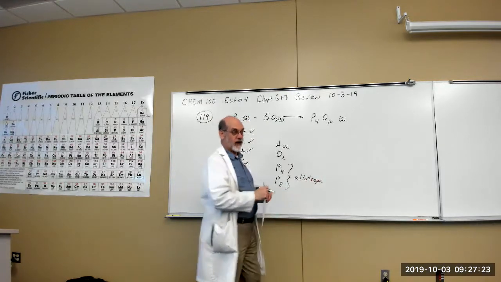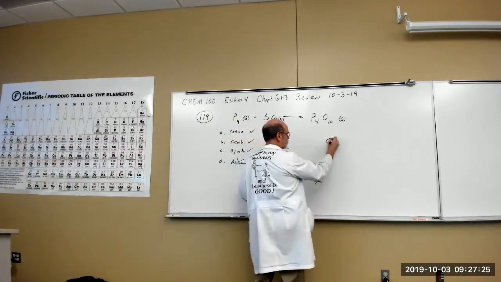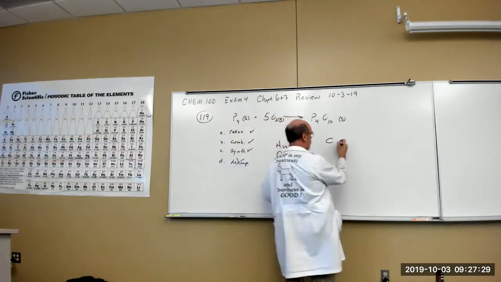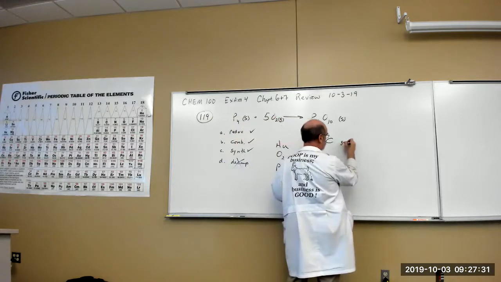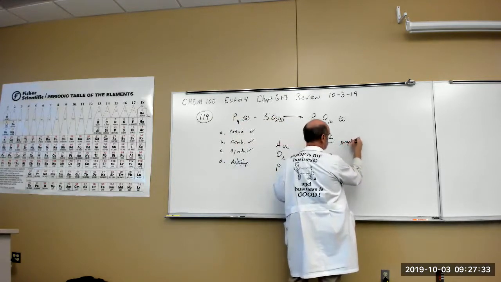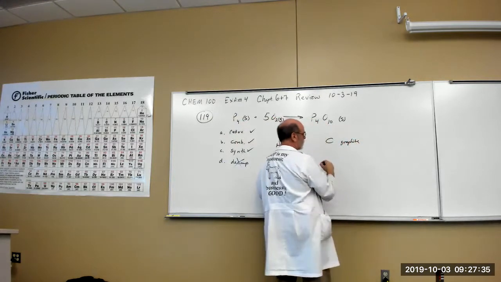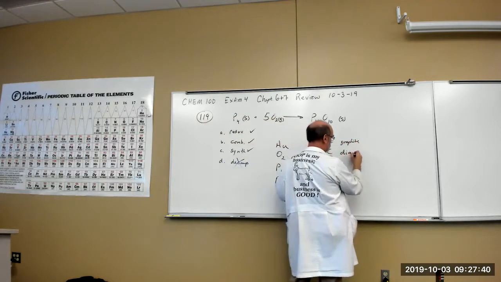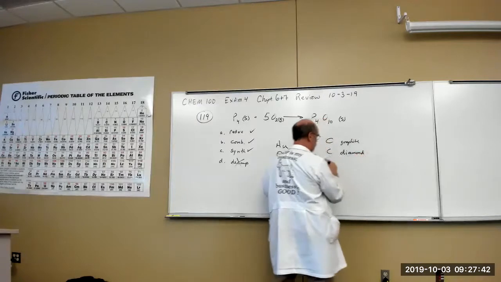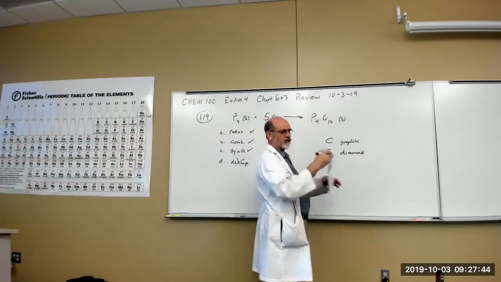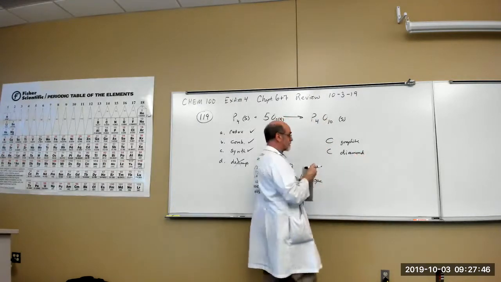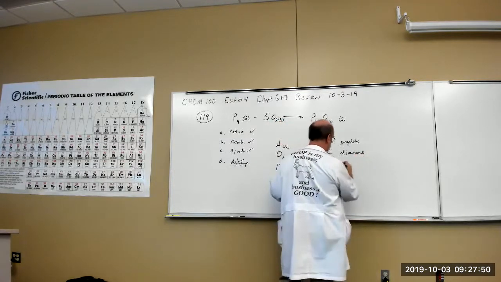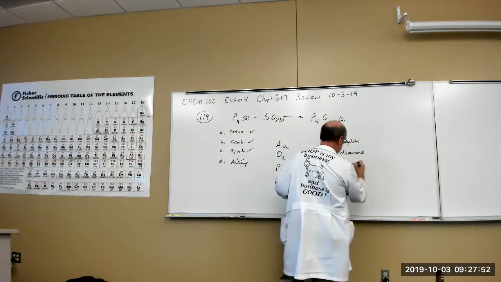The most popular allotrope is carbon. Right? You can have carbon graphite is one association. You can have carbon diamond. That's the most popular for most people. Among scientists, the most popular right now is nanotubes.